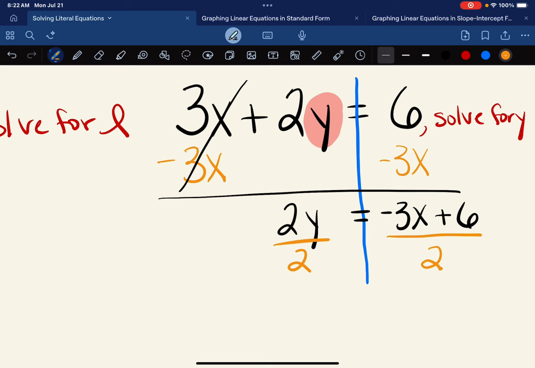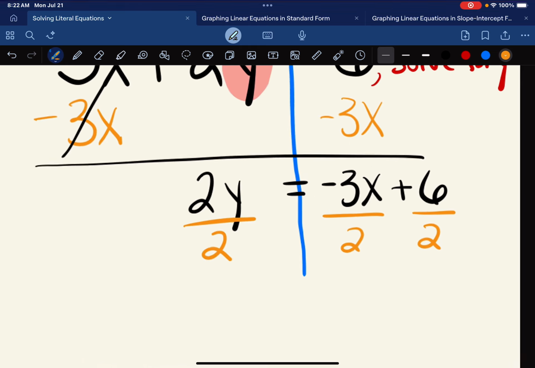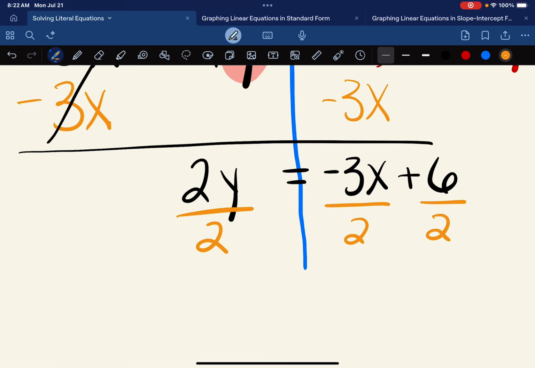Now, because I know that we're going to probably be using this in slope-intercept form, I am just going to divide both of these terms individually by 2, just like we did over here on this problem. Okay, so I'll just go ahead and write it like this to begin with. So 2 divided by 2 gives us 1, so 1y, or just y, equals.